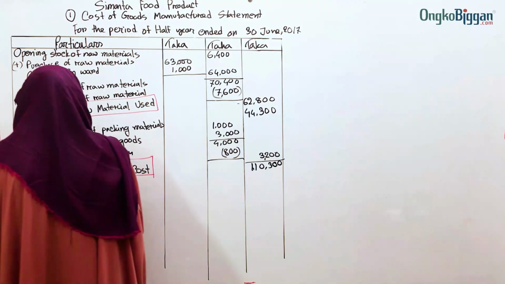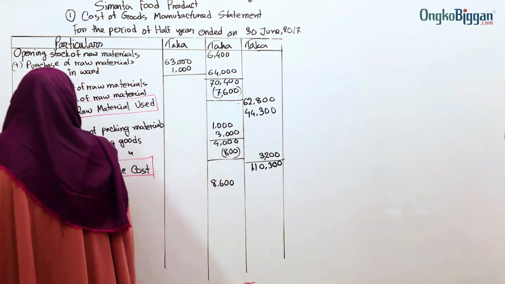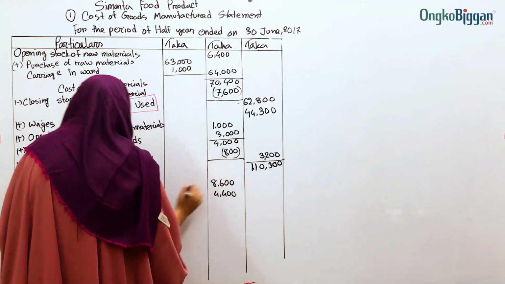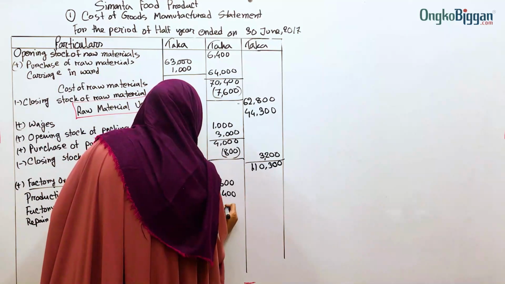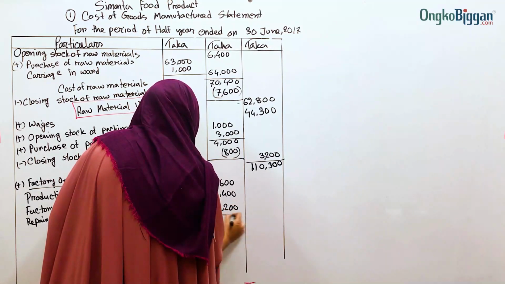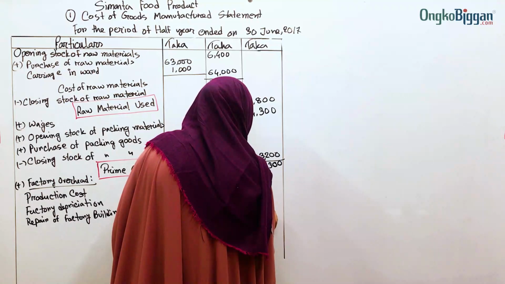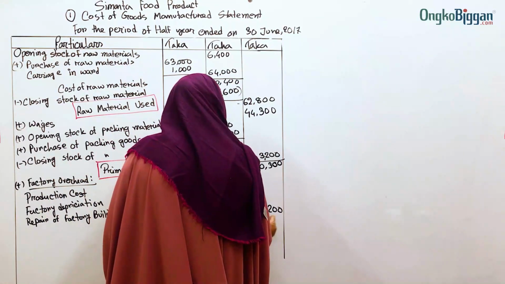Factory cost comes out 8,600. Factory depreciation comes 4,400. Repair of factory building comes 2,200. Altogether it comes out 15,200.